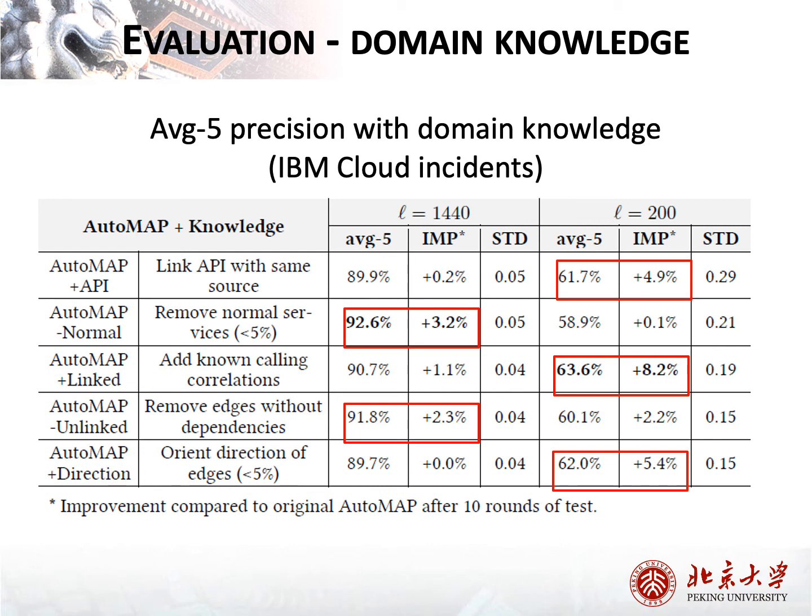We find that algorithms enhanced with domain knowledge have different impact on the original AutoMAP. For instance, when length equals 200, domain knowledge can better help improve the algorithm precision, such as API, link, and direction.